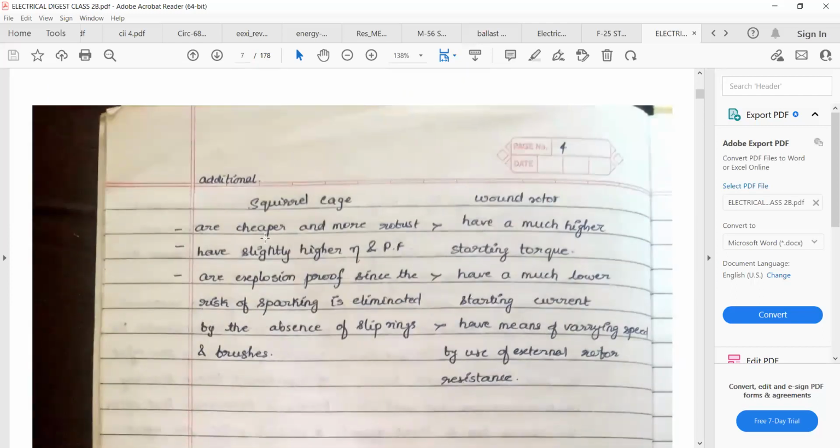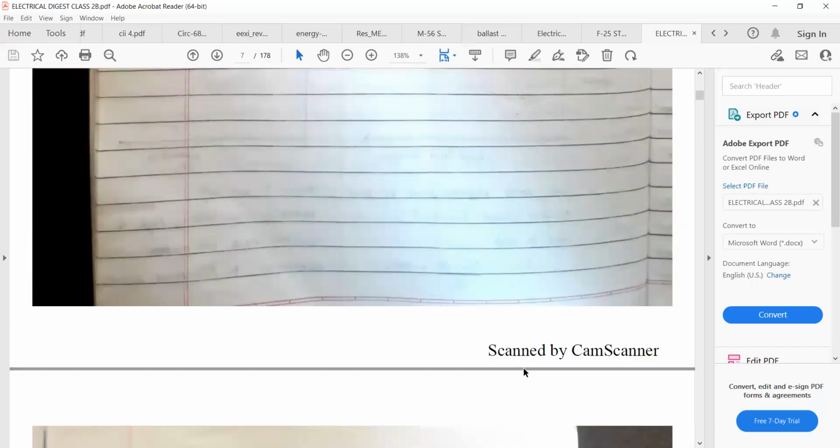Squirrel cage motors are cheaper and more robust, have slightly higher efficiency and power factor, and are explosion proof since the risk of sparking is eliminated by the absence of slip rings and brushes. Whereas wound rotor motors have much higher starting torque, much lower starting current, and hence varying speed by using external resistance.